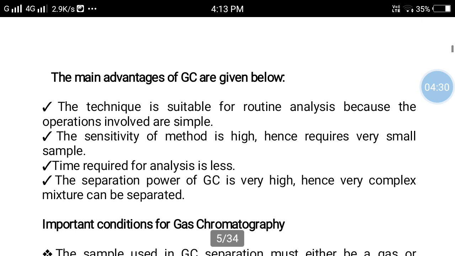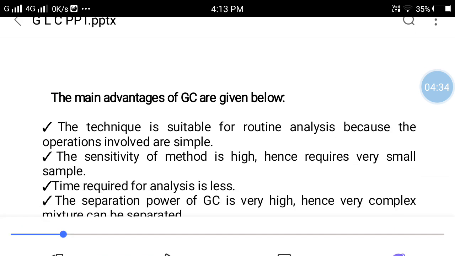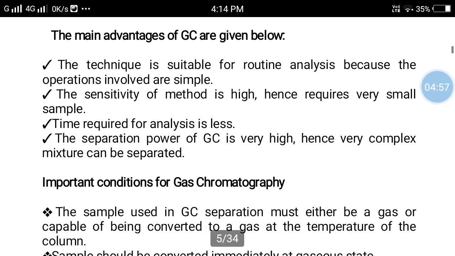The main advantages of gas chromatography are that the technique is suitable for routine analysis because the operations involved are simple. The sensitivity of the method is high, hence it requires a very small sample. The time required for analysis is less and the separation power of GC is very high, hence very complex mixtures can be separated.